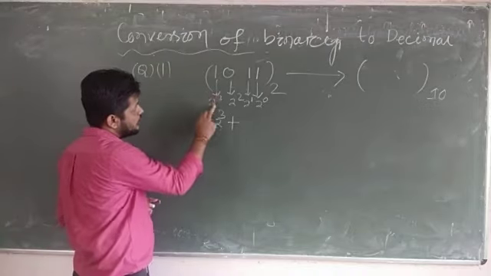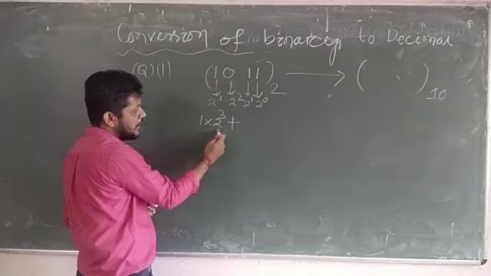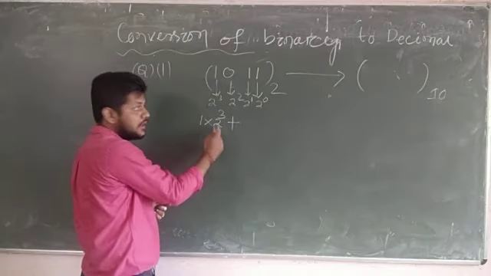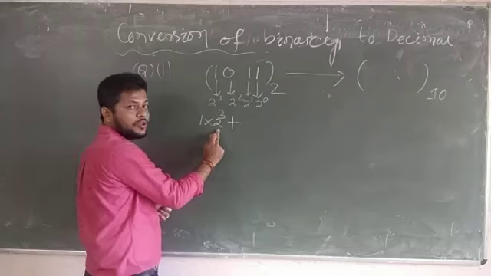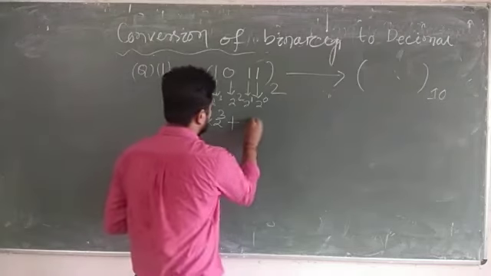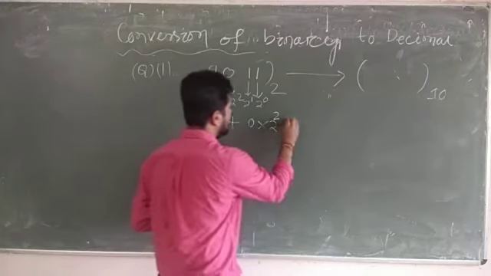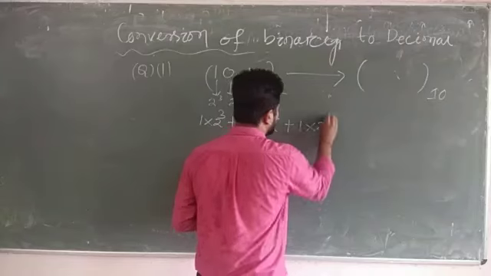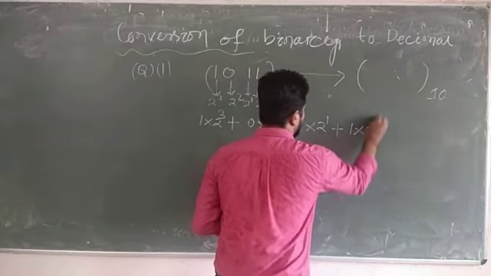So 1 into 2 to the power 3. Here the number is 1, multiplied with its positional weight, which is 2 to the power 3. Hence I am writing 1 into 2 to the power 3 plus 0 into 2 square plus 1 into 2 to the power 1 plus 1 into 2 to the power 0.